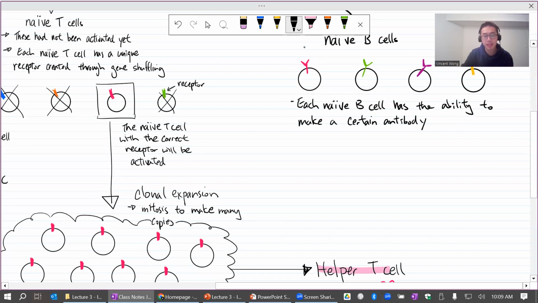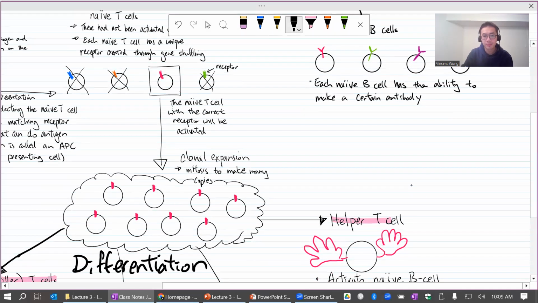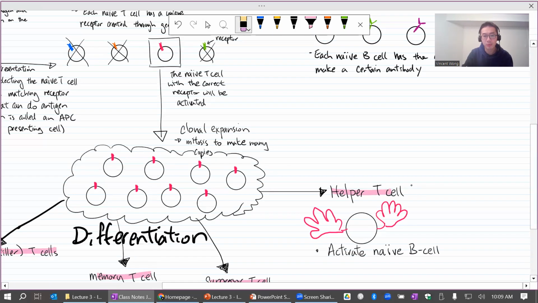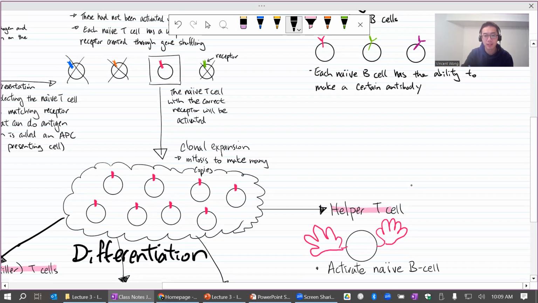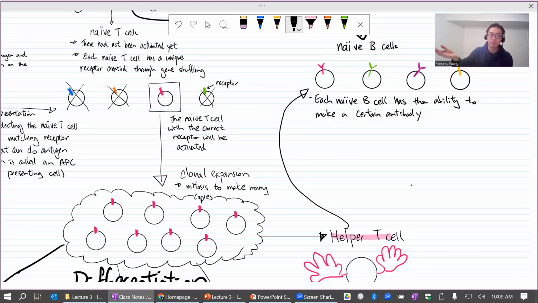And then it becomes a familiar story now, I hope. The helper T cell, which is this guy, will help activate the naive B cell. It will come over here and do another round of presentation, although that's not what it's called in this case, but it's the same process.